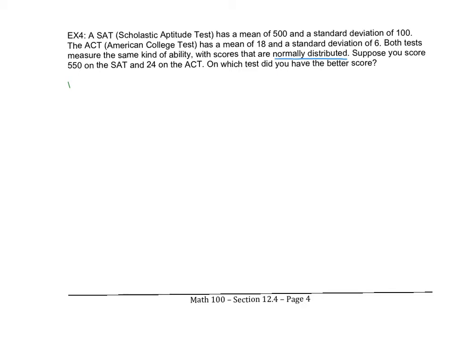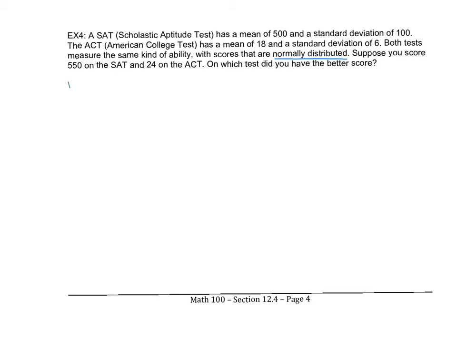Well, unfortunately, it's not telling us how much the SAT test is worth, or how much the ACT test is worth. The only information we have from those two tests is their mean and their standard deviation. But remember what the standard deviation says. It says how far away you are from the mean or the average.